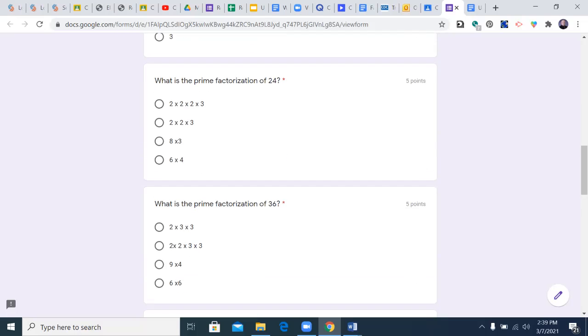What is the prime factorization of 24? Is it 2 times 2 times 2 times 3? Or 2 times 2 times 3? Or 8 times 3, or 6 times 4. You may pause the video to select this answer. Unpause the video when you're ready to move forward.